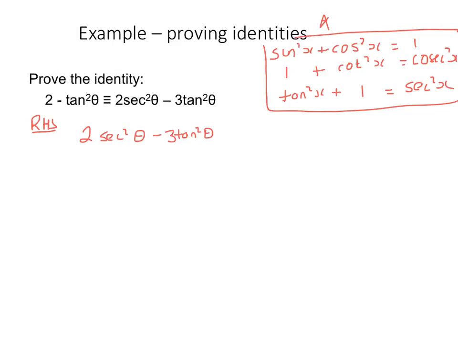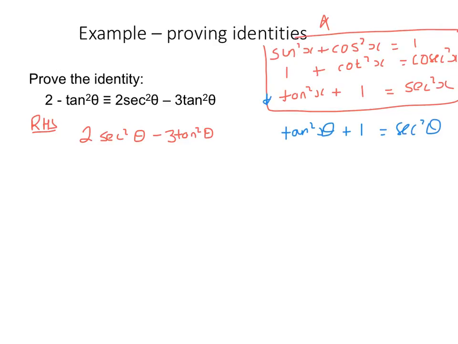Now I can see that on the left hand side I want to write this in just in terms of tan theta. So I can see from this identity here that tan squared theta plus 1 equals sec squared theta.